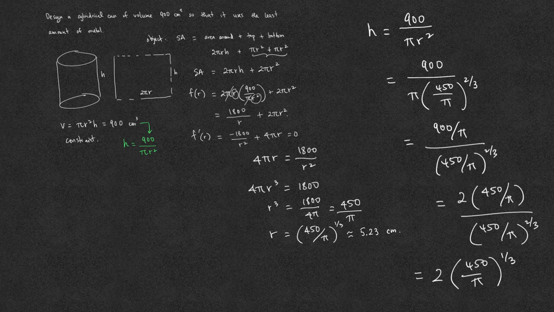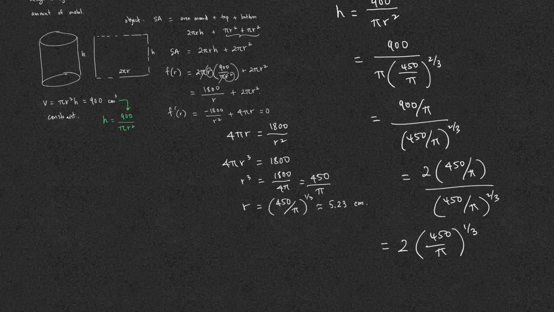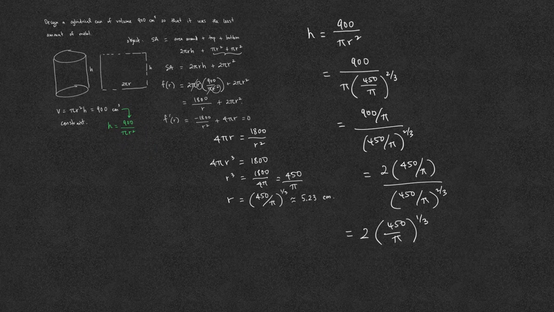But we write it in this form to see that this is actually twice the radius. This is 2 times 450 over pi to the 1/3, which is r. And so this is approximately 10.45 centimeters.